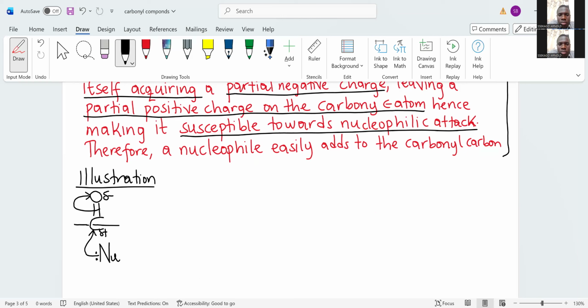What I mean by saying that it is polar is that we have a difference in the charges of the bonding atoms. One atom is more electronegative and can take electrons, so that the other one becomes electron deficient. Therefore, the one which is electron deficient can easily accept electrons.